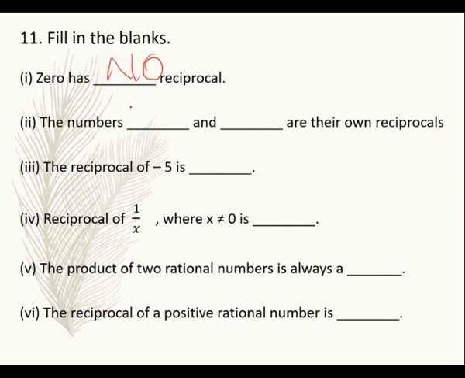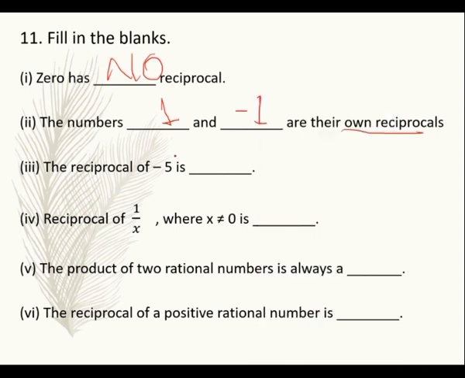Second, the numbers dash and dash are their own reciprocals. Just now we discussed that 1 and minus 1 are the numbers which act as the reciprocal of themselves.